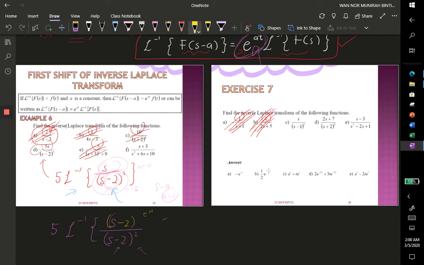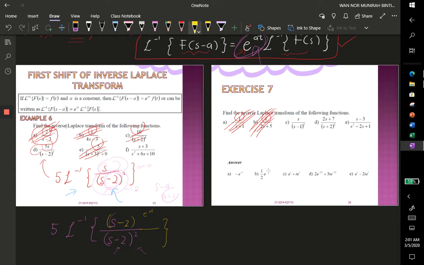But now class, when you modify this function as s minus 2, you will find that s minus 2 is not equal to the original function. Original is just s over (s minus 2) squared, but you have s minus 2. What you need to do is make it original. So s minus 2, how to get s back?